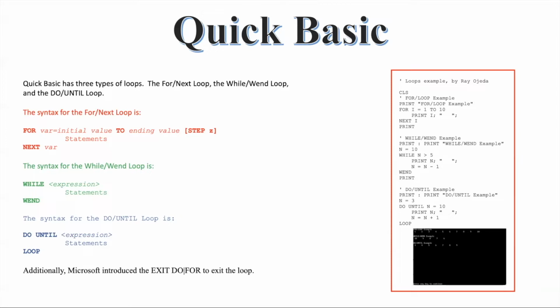So I would exit if a specific condition is met, if it equals 5, then get out, and then I would do an exit for or an exit do. So they added that to Quick Basic. We'll see examples of that when I get to the programming part. For now, let's just keep track that it does exist, and you can see to the right there's the example screenshot of these three loops that we have.